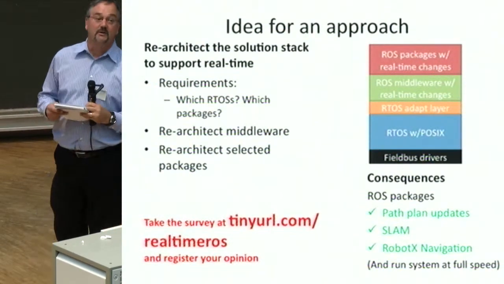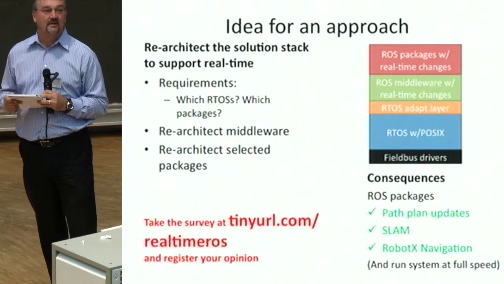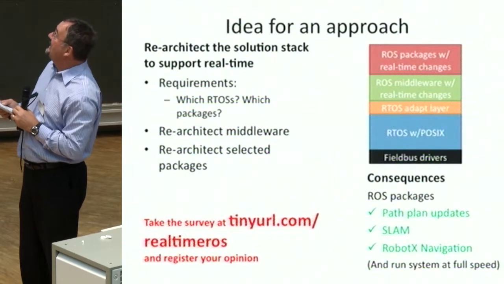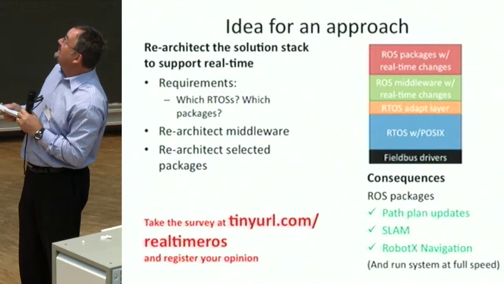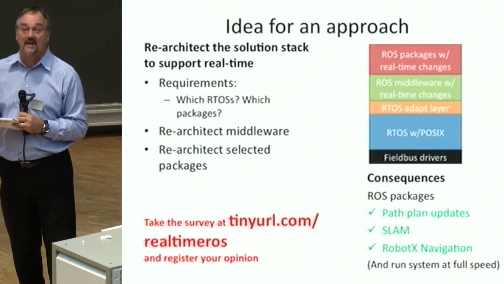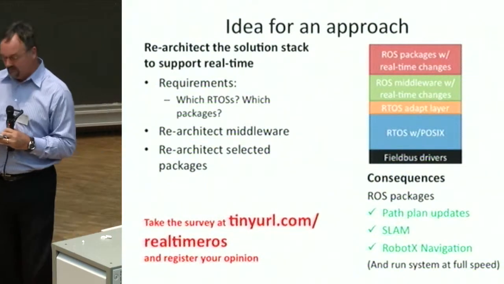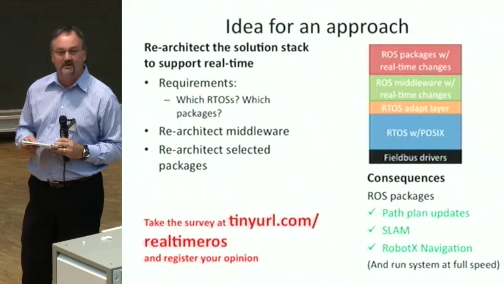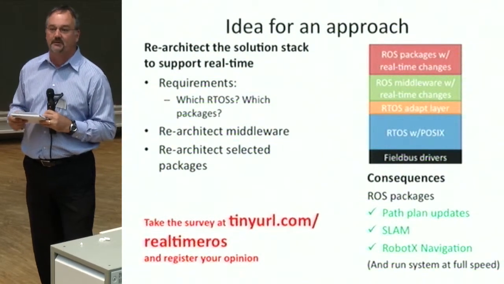However, to make real-time work, you really have to make the whole stack guarantee real-time performance. So you'd also have to go up through the layers into the middleware and into selected packages and assure that they could guarantee real-time support. There's been some discussion of using Xenomai and Yocto as real-time infrastructures.